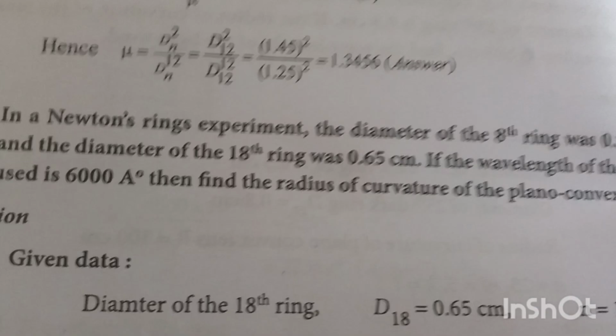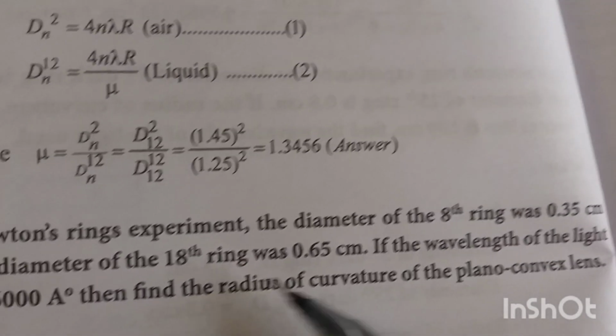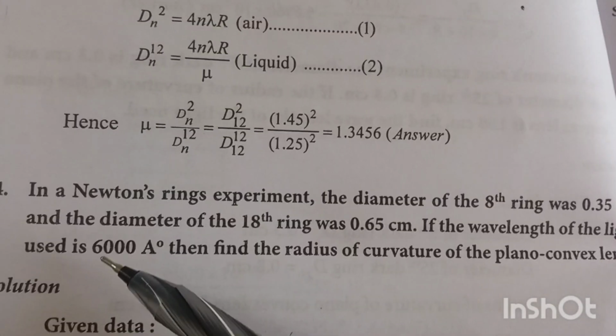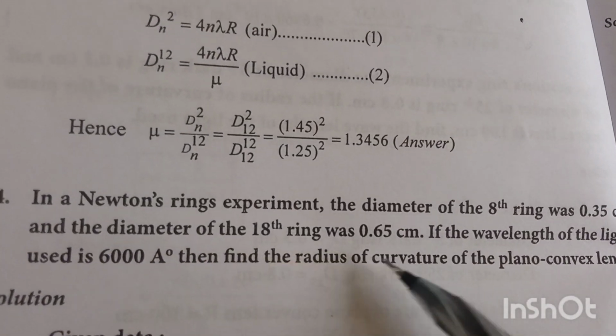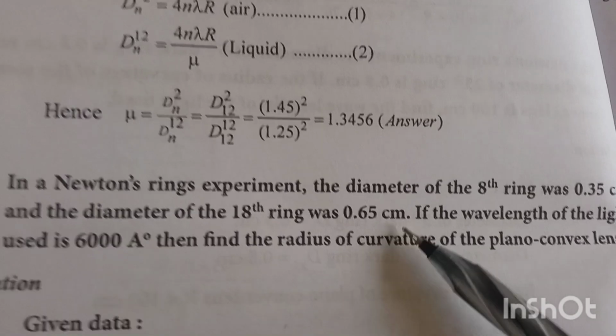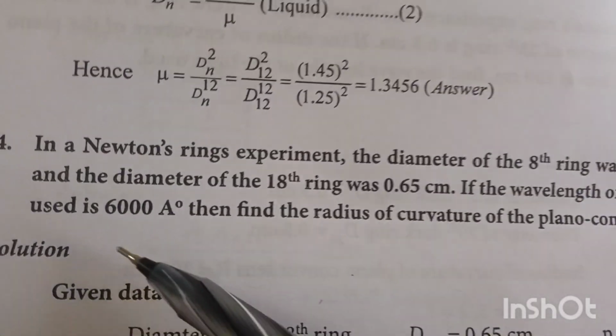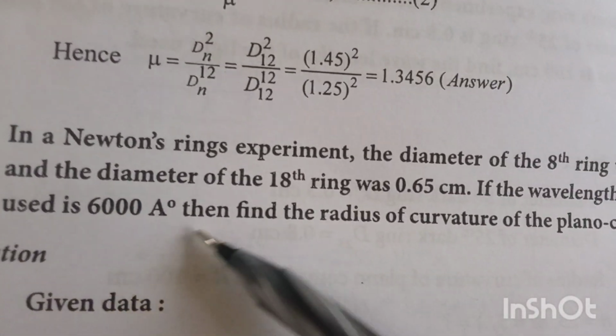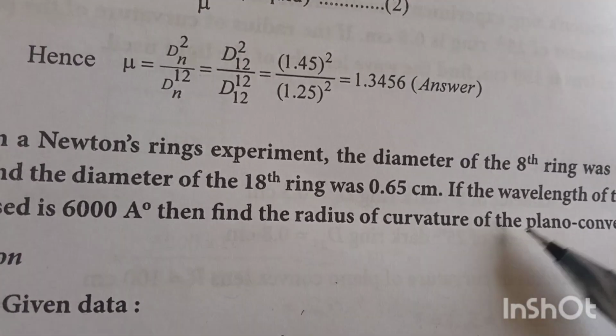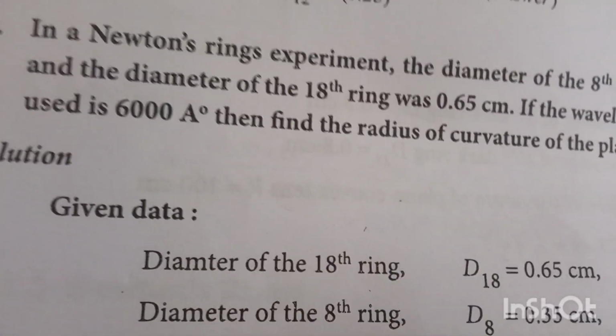Here, in a Newton's rings experiment, the diameter of the 8th ring was 0.35 centimeter and the diameter of the 18th ring was 0.65 centimeter. If the wavelength of light used is 6000 angstroms, then find the radius of curvature of the plano convex lens.